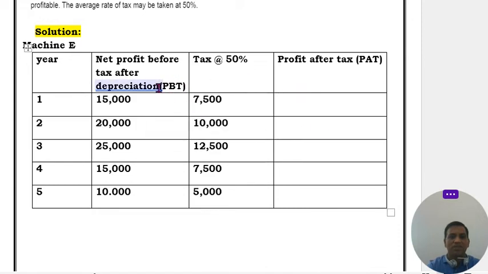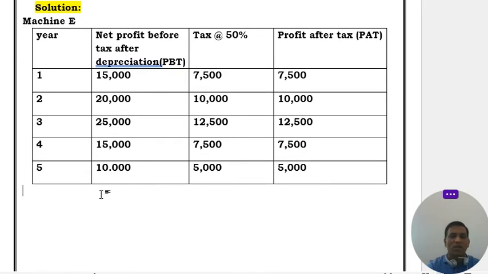From this column we subtract tax. 15,000 minus 7,500, 7,500. 20,000 minus 10,000, 10,000. 25,000 minus 12,500, 12,500. Because tax is 50%, if you subtract half, the remaining will be 50%. Since the tax rate is 50%, it is easy to calculate. So profit after tax is ready.